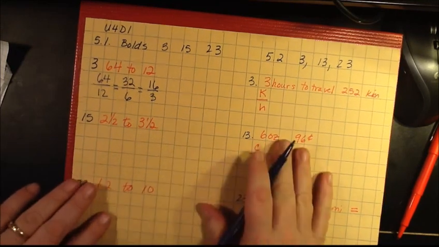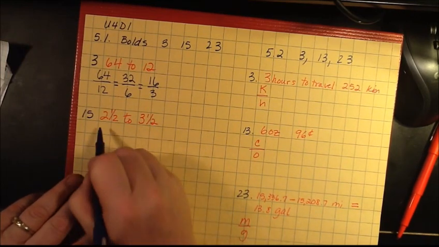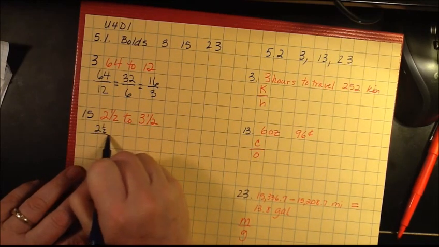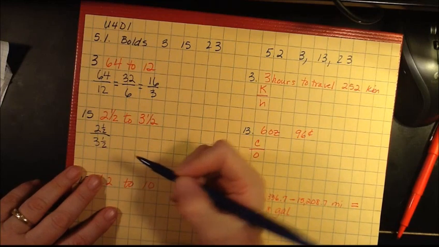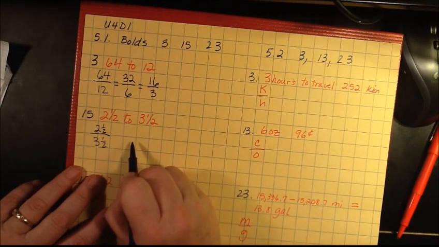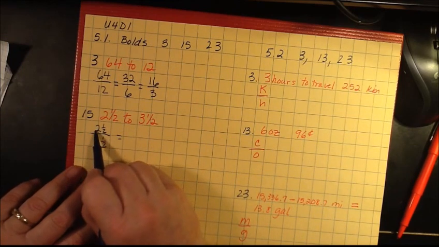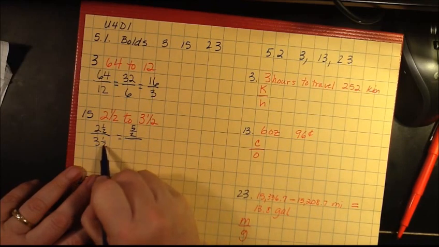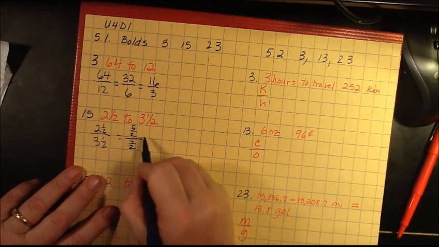For the next one, they're asking us to compare 2.5 to 3.5. The 2.5 comes first. So I can say 2 times 2 is 4 plus 1 is 5, so that's 5 halves. 2 times 3 is 6 plus 1 is 7, so that's 7 halves.